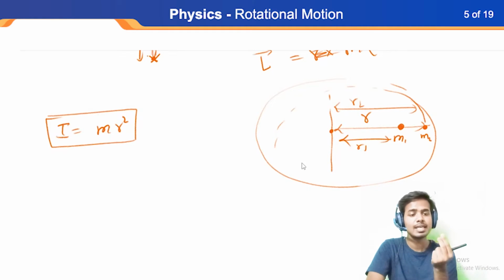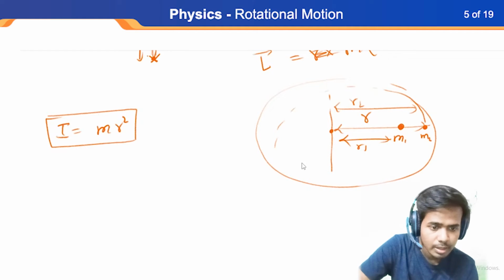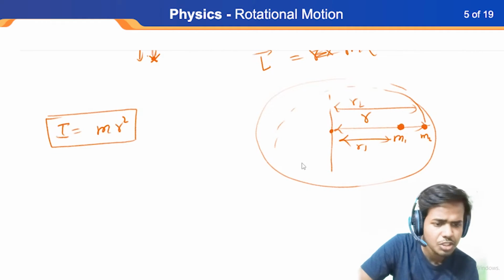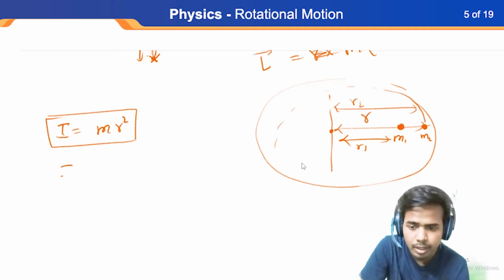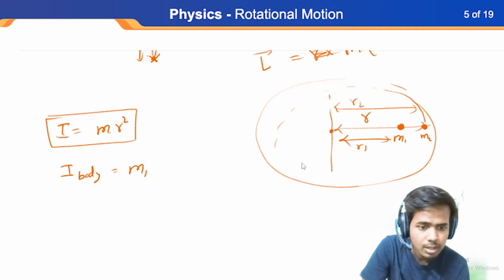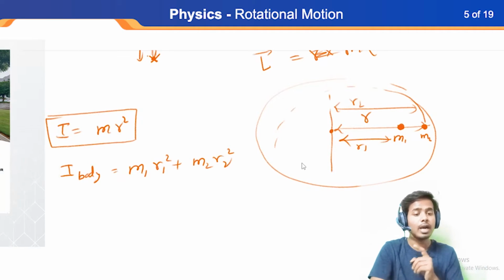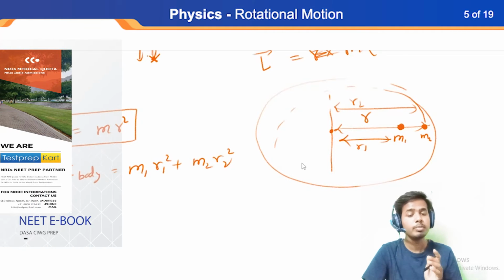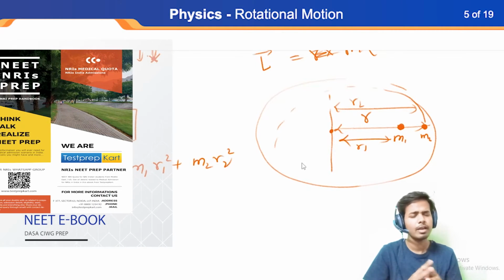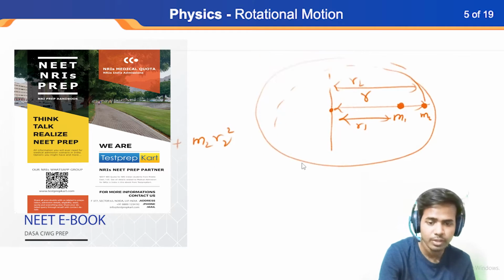If you have more than one body, then the resistances, or the moments of inertia, should add up. So I of the system in this case will be equal to m1 r1 square plus m2 r2 square. This is the fundamental on which you will be deriving the moment of inertia of so many diverse things.